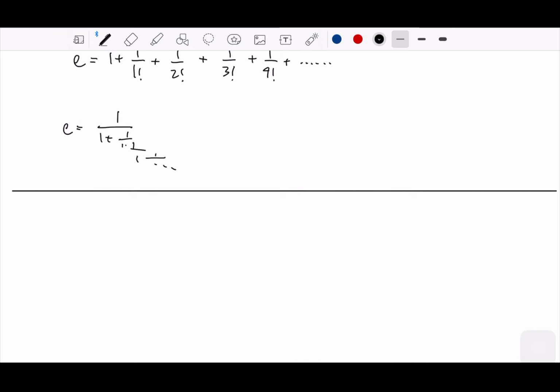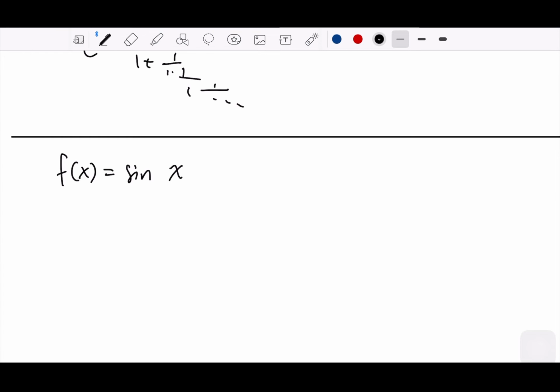Okay, let me just go through another Maclaurin series that is important. For example, sin x. If we want to find the Maclaurin series, then we should evaluate at x equals 0.